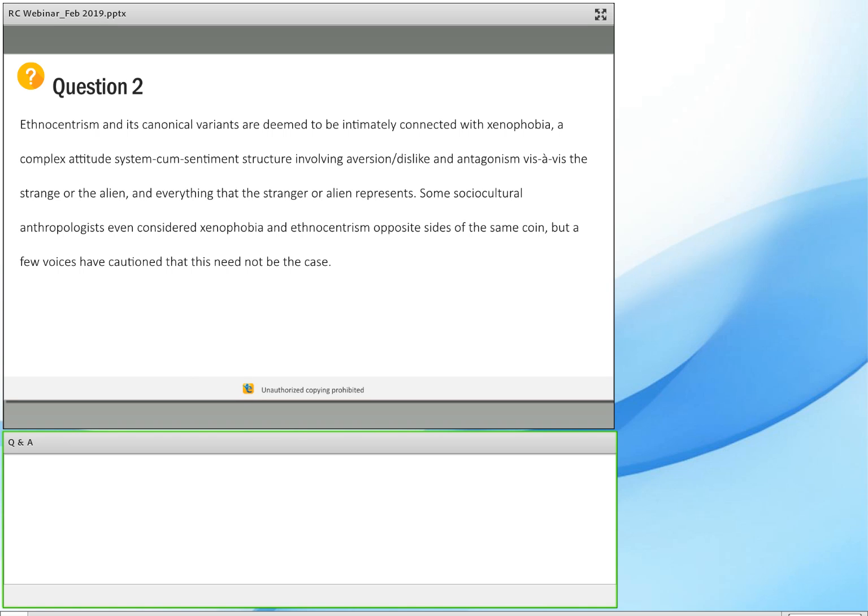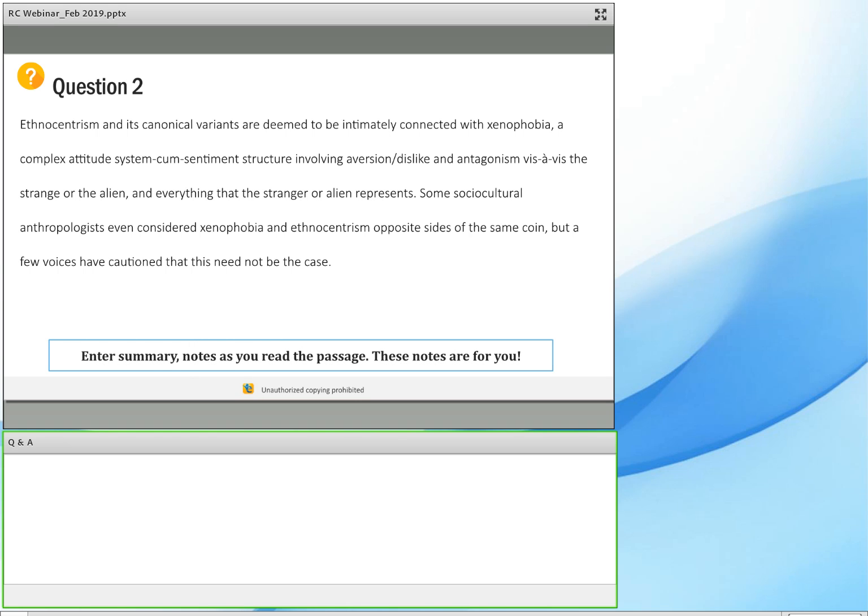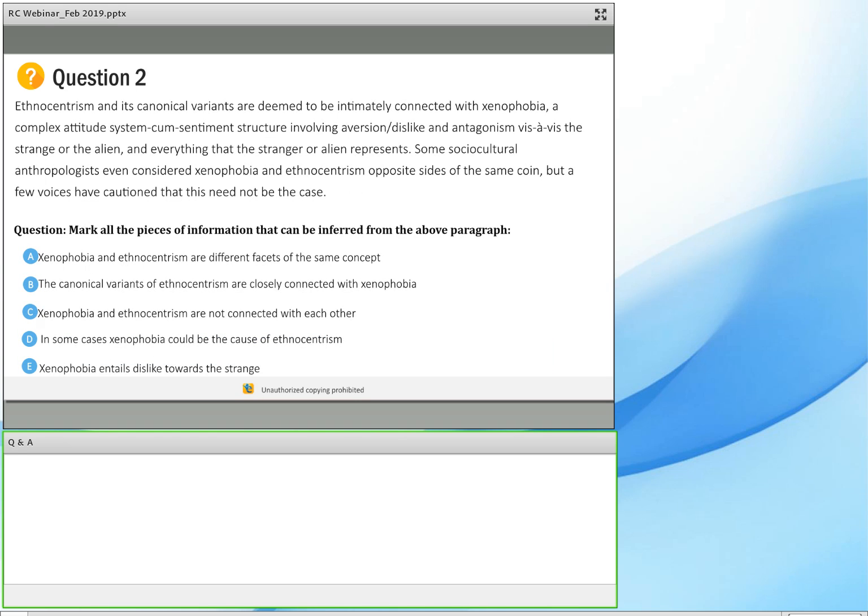All right, so here are the various options, and here is the poll.